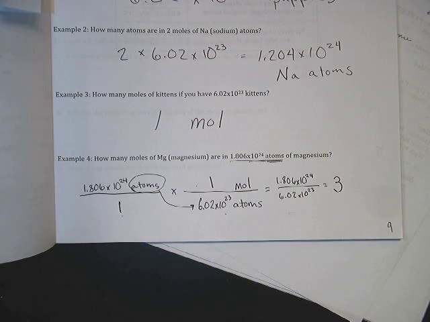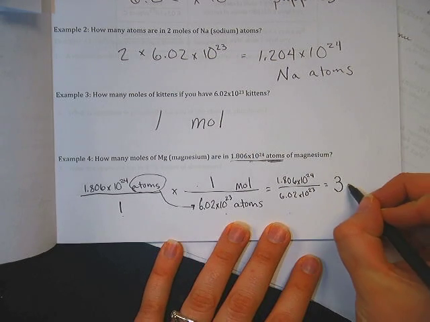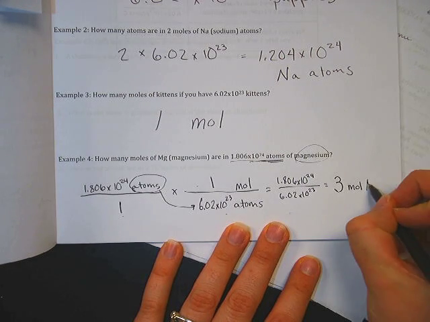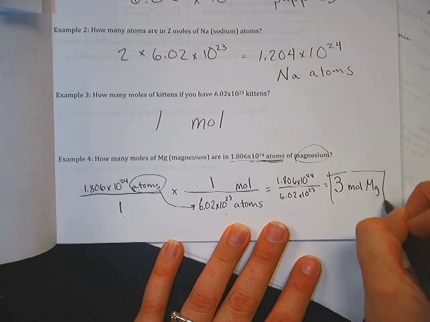If you put that in your calculator right, the answer is just 3. 3 what? Moles. Yeah, they were asking us to find moles. So 3 moles. 3 moles of what? What was the problem talking about? Magnesium. Mg, magnesium. So here's our answer.